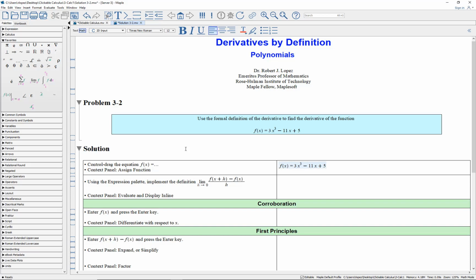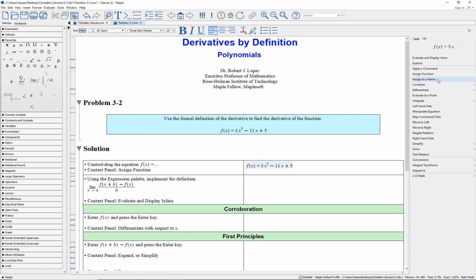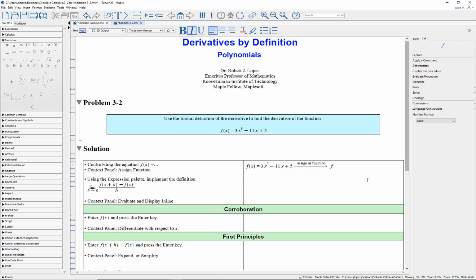It can also be done in other operating systems. It's equivalent to copy paste, but it's just fewer keystrokes. Now, I'm going to go to the context panel and select assign function. That does all the machinery of defining that as a function.